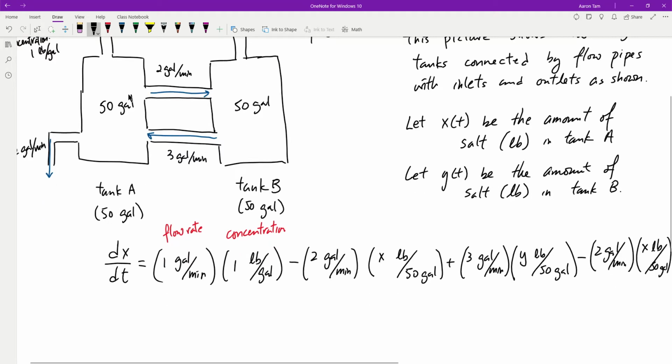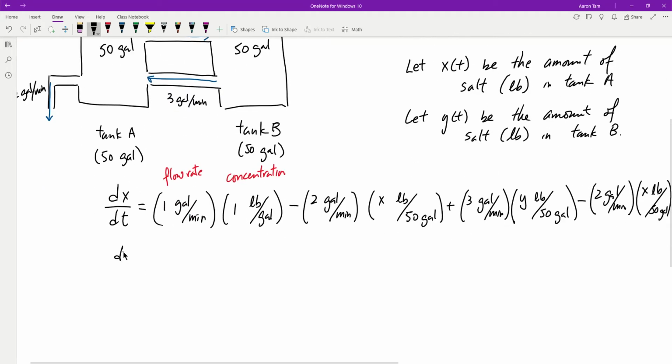So what would this equation actually turn into? Well, it'll turn into this: dx over dt equals 1 gallon per minute times 1 pound per gallon. Notice that the gallons cancel out, leaving you 1 pound per minute. Minus 2 times x over 50.